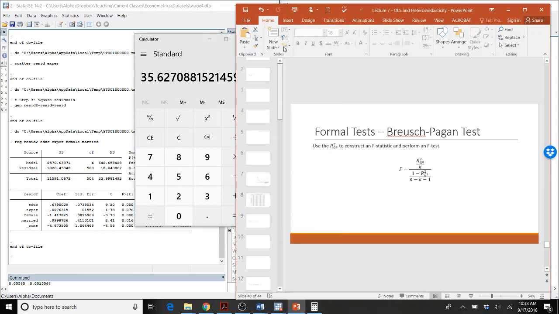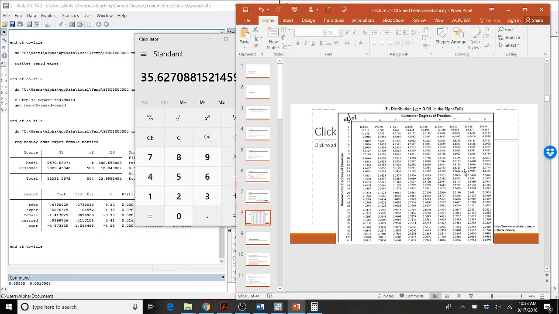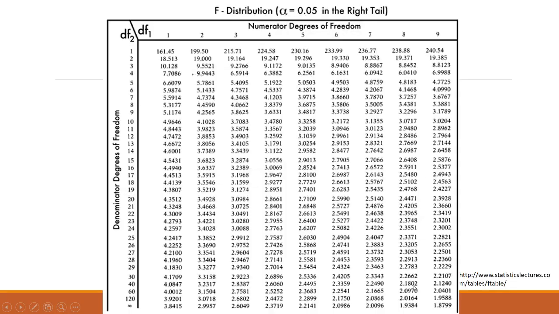But let's go ahead and do it by hand here. Let's check our F test. What's the degrees of freedom for our numerator? Well, it's 4. Okay, what's the degrees of freedom for our denominator? It's 500. Okay, so we'll be conservative and pick this 120. All right, so now 4 intersects with 120. So here's our cutoff, 2.44.